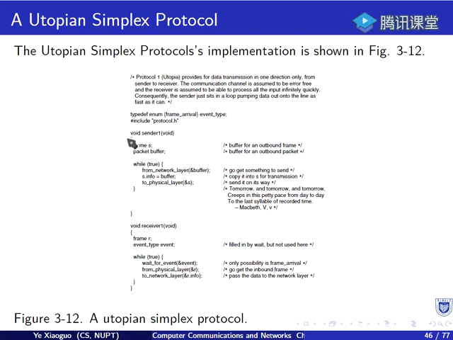So protocol 1 will define the event types and the sender and the receiver. The sender has a while true, which means loop again and again.